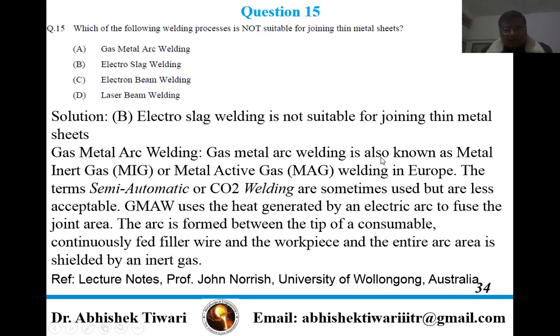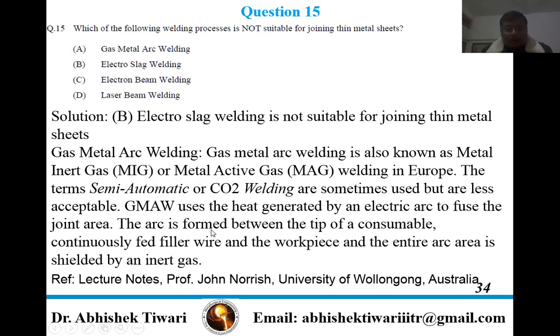Gas metal arc welding is also known as metal inert gas (MIG) or metal active gas (MAG) welding in Europe. The terms semi-automatic or CO2 welding are sometimes used but are less acceptable. GMAW uses heat generated by an electric arc to fuse the joint area.